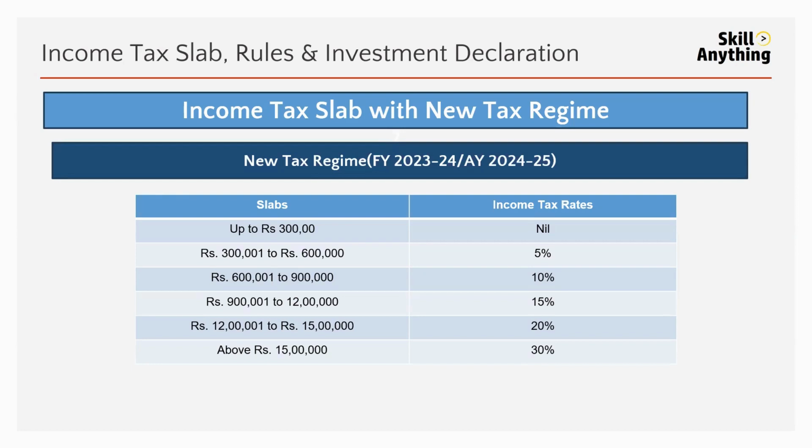If income is more than 6 lakh to 9 lakh, their income tax will be 10%. If income is more than 9 lakh to 12 lakh, the income tax rate will be 15%. More than 12 lakh to 15 lakh, the rate will be 20%. And above 15 lakh will be 30%.